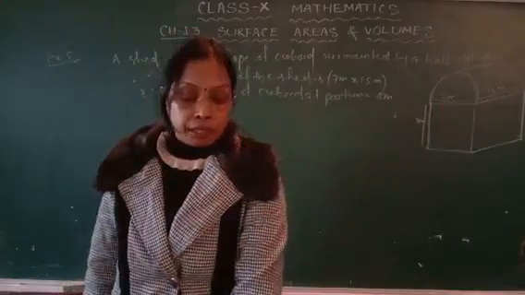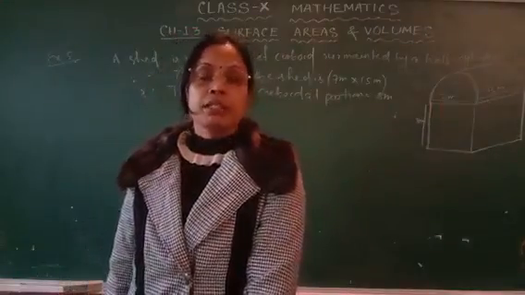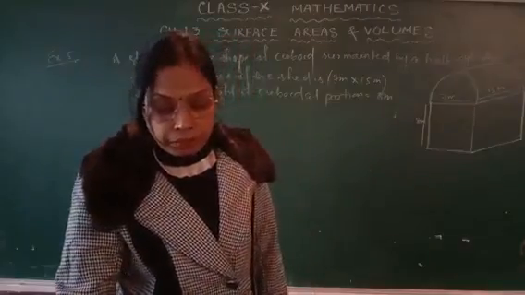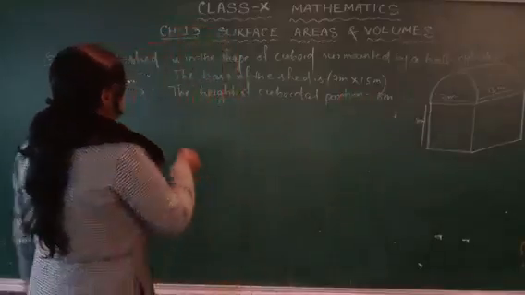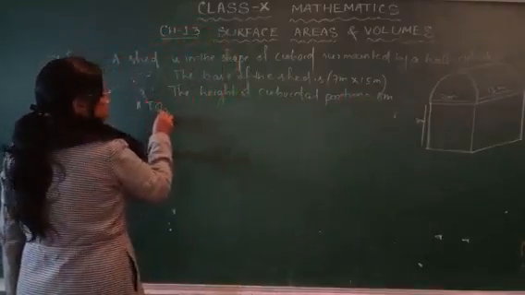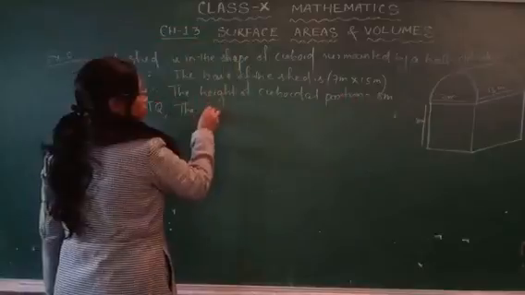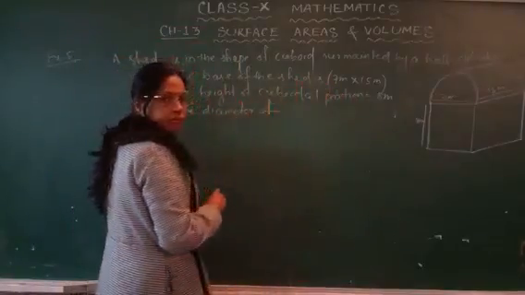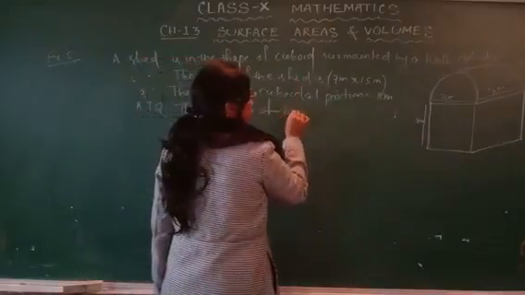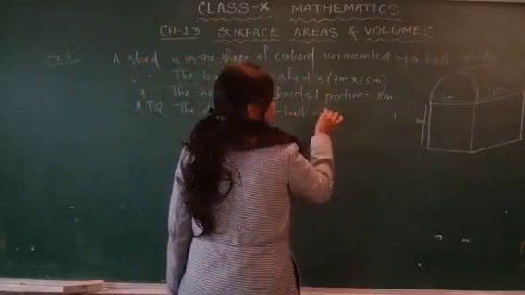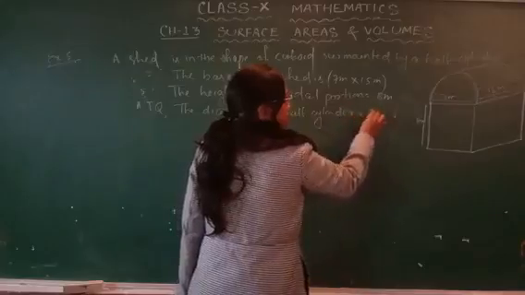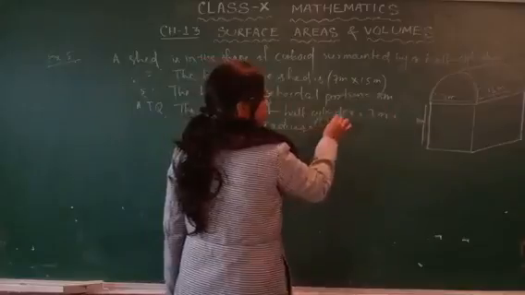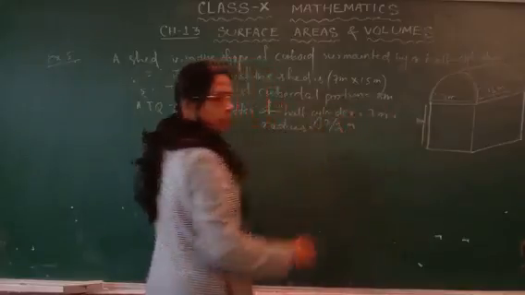So the first question says, find the volume of air inside the shed. So first here we find what? According to the question, the diameter of the half cylinder is equal to 7 meter. So radius is equal to how much? 7 upon 2 meter.